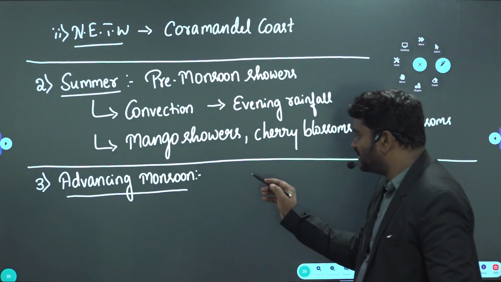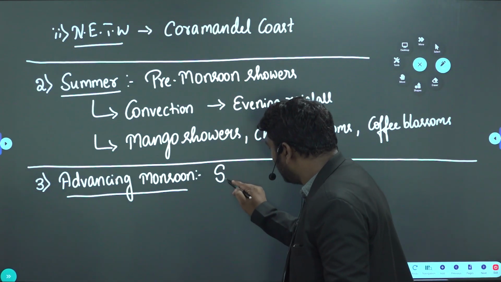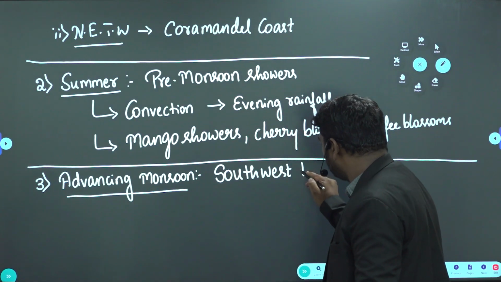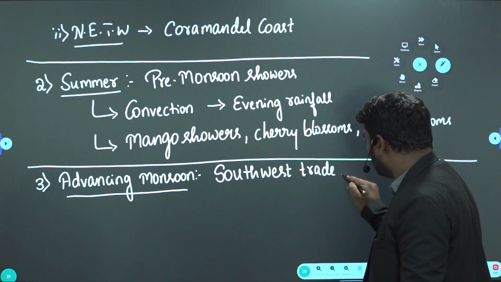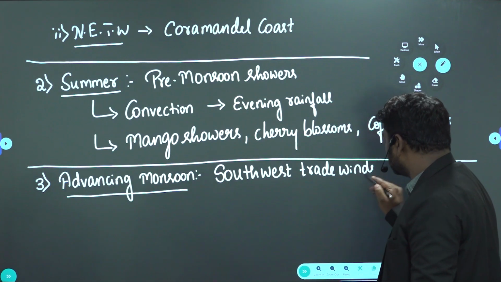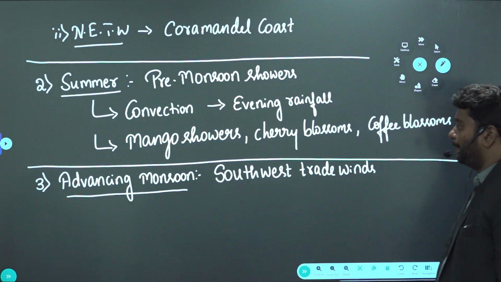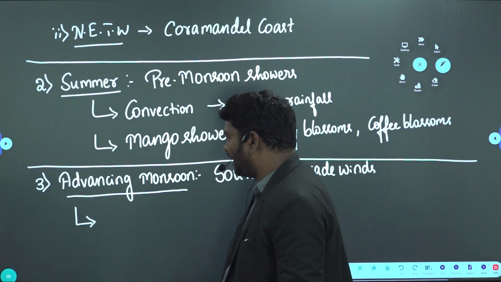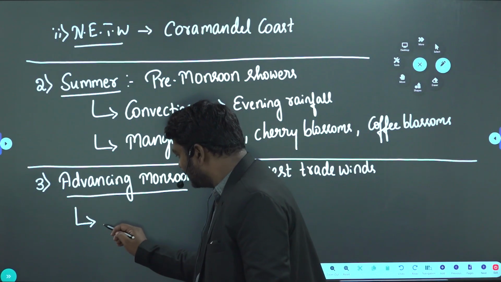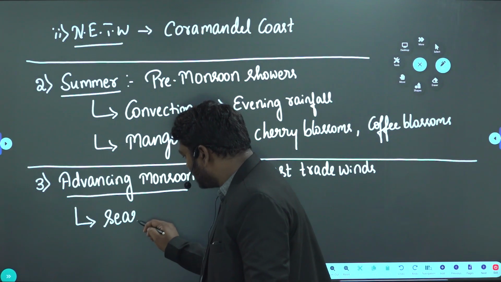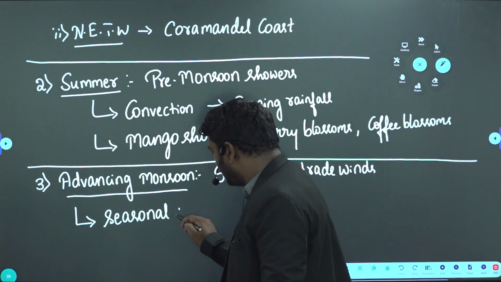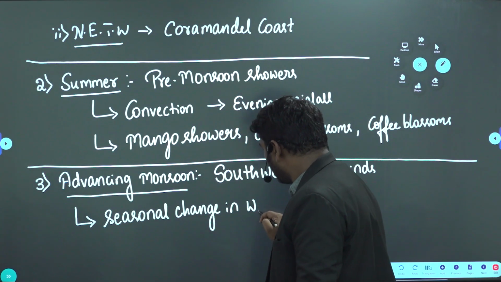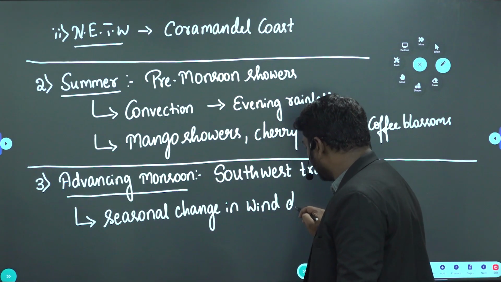Fine. So advancing monsoon is associated with which winds? Southwest trade winds. And when we look at monsoons, the main characteristic of monsoon is seasonal change in wind direction.